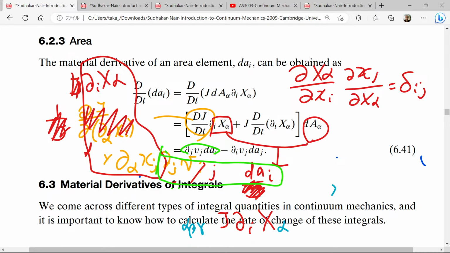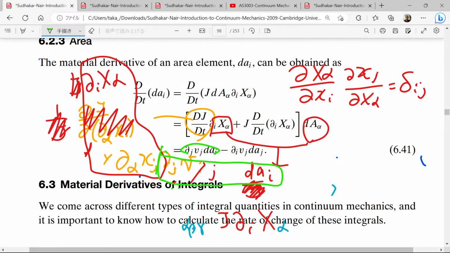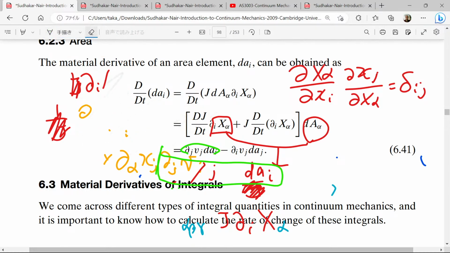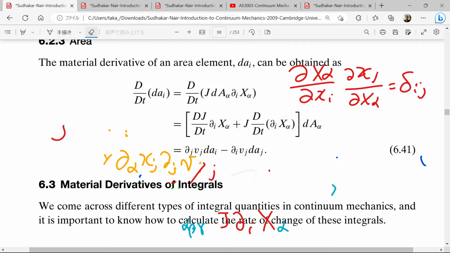Second term. We also have to consider the second term. Second term, how do we get it? I think we first convert this one. Let me see. Let me do it again. We first convert this one.